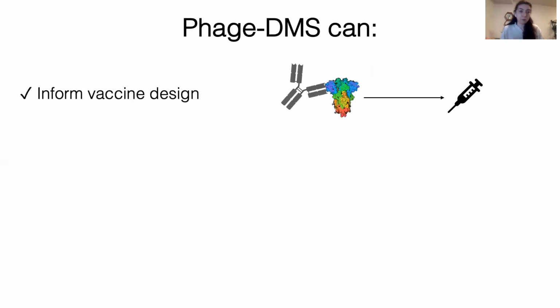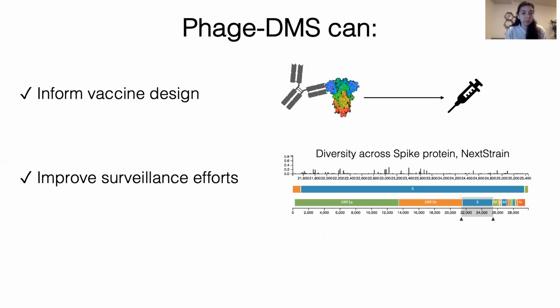So what can Phage-DMS do in general? We think it's really cool because we think it could potentially inform vaccine design, because if you understand the specific amino acids that are responsible for antibody antigen binding, you can then hopefully make better, smarter vaccines using that information. Additionally, this can hopefully improve surveillance efforts.